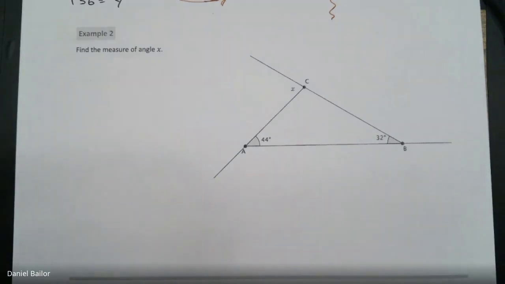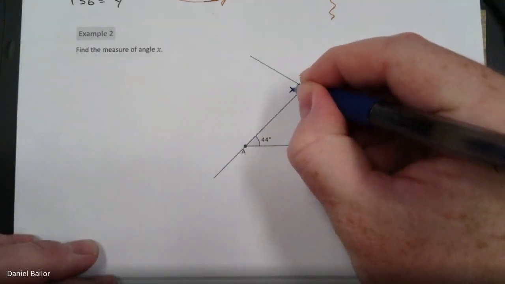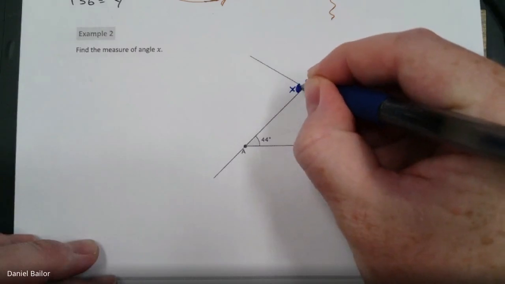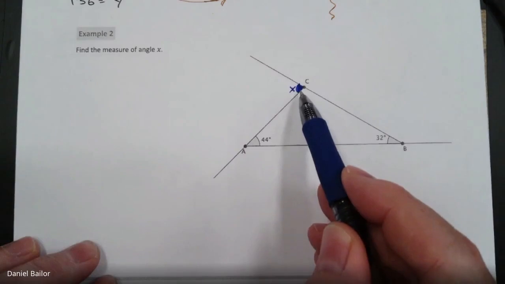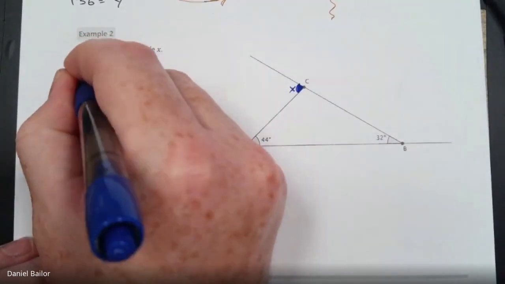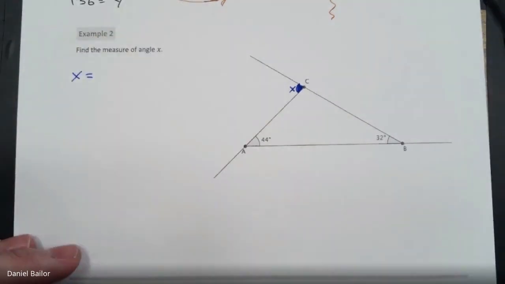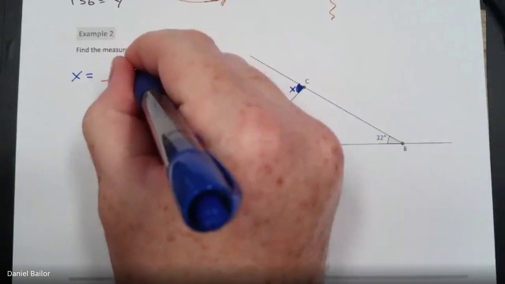So here we go. It says find angle X, which I'm going to label blue. So angle X is blue. Now, to find angle X, remember the rule is X is going to be equal to two opposite angles, two remote angles.